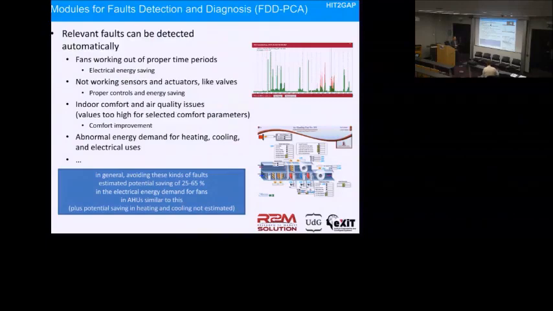Not only specifically in this situation, but in general, considering a building with typical air handling units like this one, and considering typical reasonable faults that can occur to this kind of air handling units, we estimate the potential saving of electricity we could have if the sensors and the fans work in the best way.